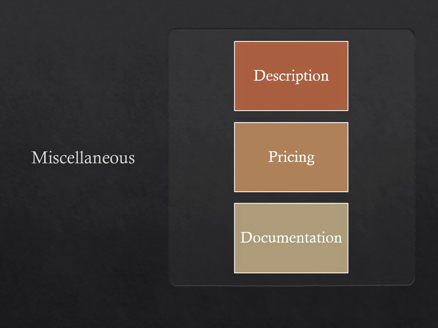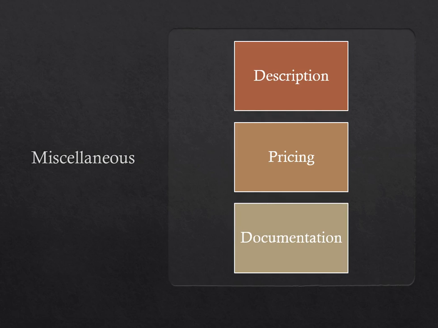Then we have our miscellaneous codes. And miscellaneous codes, also known as not otherwise classified codes, are those that are reported when a DME POS dealer, and what's DME POS? Durable medical equipment, prosthetics, orthotics, and supplies.